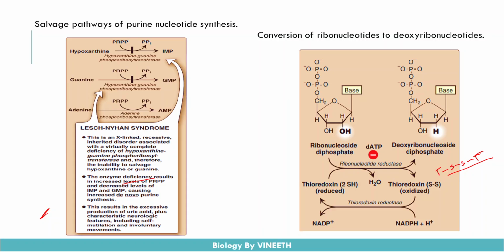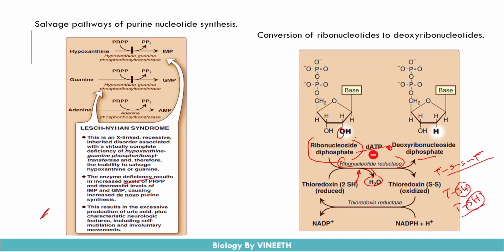When it combines with its coenzyme NADPH, it gets converted into the reduced form, that is TSH and TSH. These are the two monomers of the thioredoxin system. These sulfhydryl groups donate hydrogen atoms to ribonucleotide reductase. This enzyme takes two hydrogen atoms and one oxygen from the ribonucleoside diphosphate; the oxygen makes a water molecule, which is eliminated, converting the ribonucleoside diphosphate to deoxyribonucleoside diphosphate.